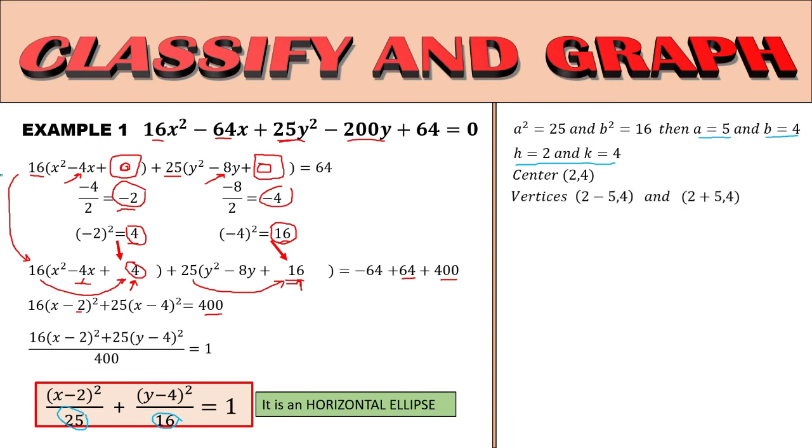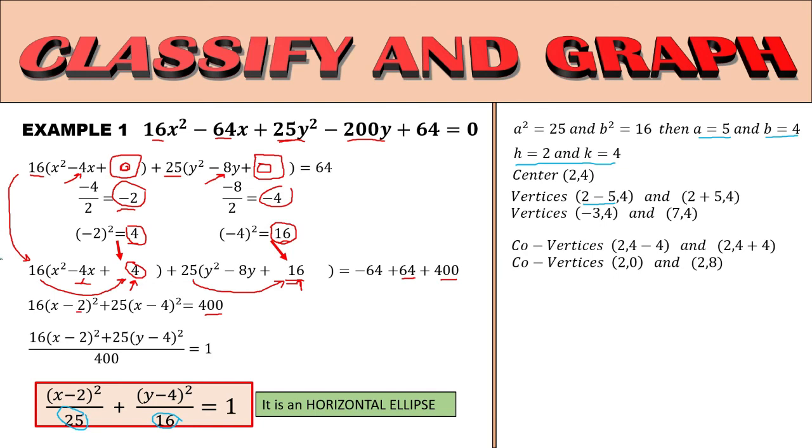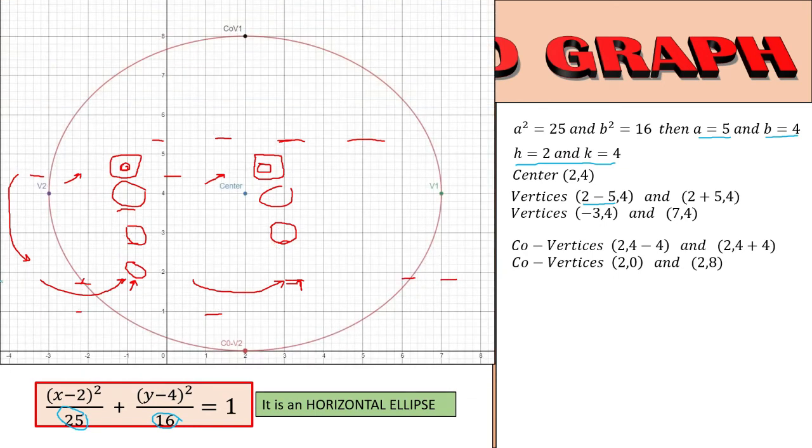The vertices, because it's horizontal, are h minus a, 2 minus 5, and h plus a, 2 plus 5. So the vertices are (-3, 4) and (7, 4). And finally, the co-vertices: you subtract and add b to the value of k. This is the other co-vertex, and finally, this is the graph.